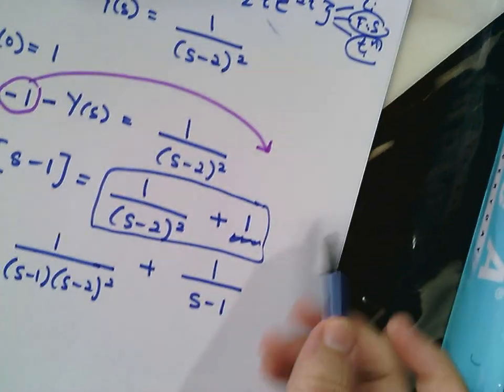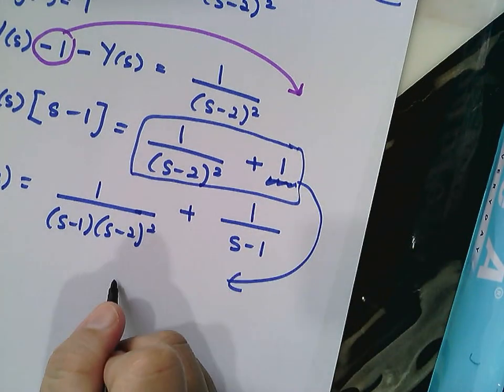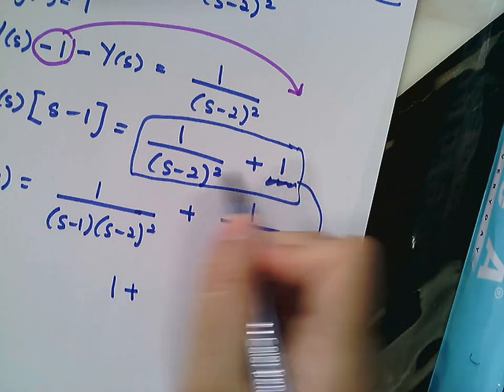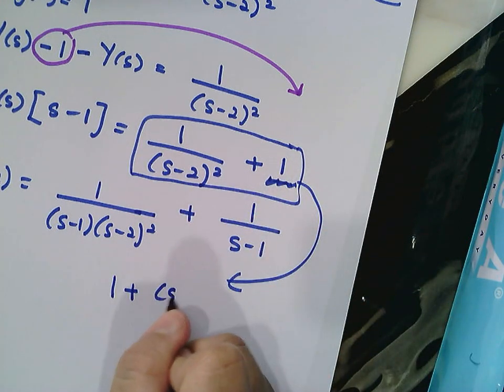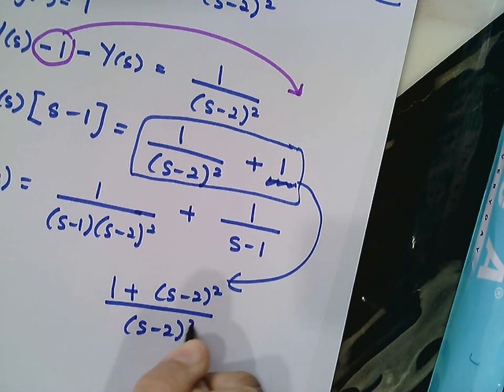Or you do something so that this will become one function. You will have 1 plus, so this one 1, you need to multiply by (s minus 2) the whole thing squared over (s minus 2) the whole thing squared.